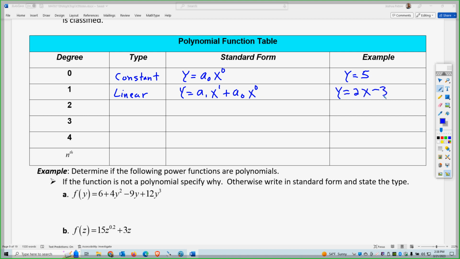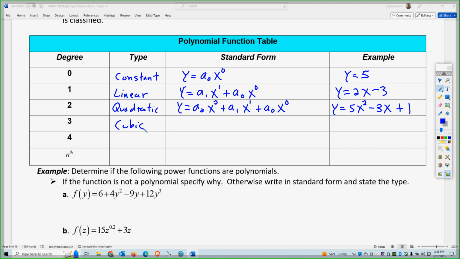Second power is called quadratic: y equals a sub 2 x squared plus a sub 1 x to the 1 plus a sub 0 x to the 0, like y equals 5x squared minus 3x plus 1. And then third power is known as cubic.